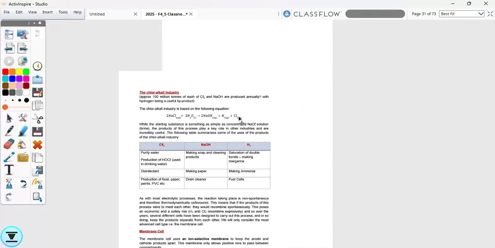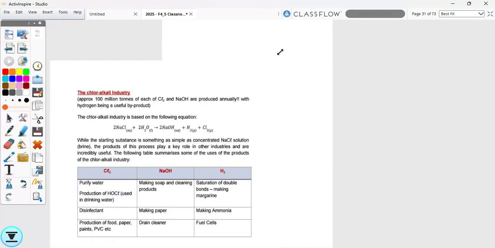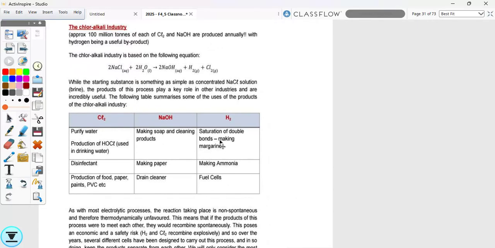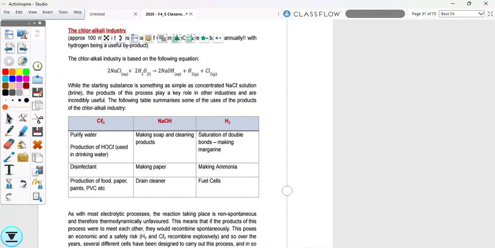And one of the very, very important ones that I'm going to jump to, because it's what we just did, is the chloroalkali industry. So in the chloroalkali industry, why it's important is because half our world is covered in this stuff, if you think about it. Because what is NaCl? It's just salt. And half the world is covered with salt water in the sea.